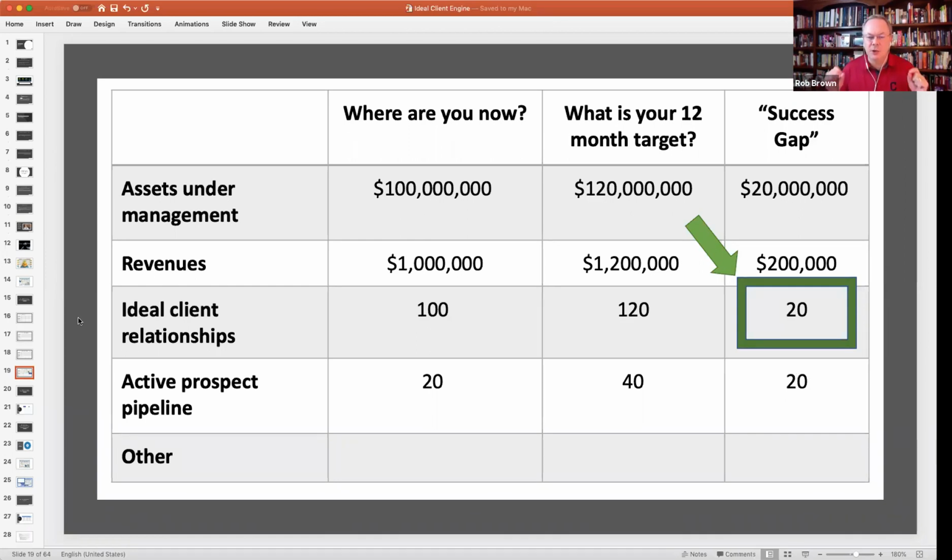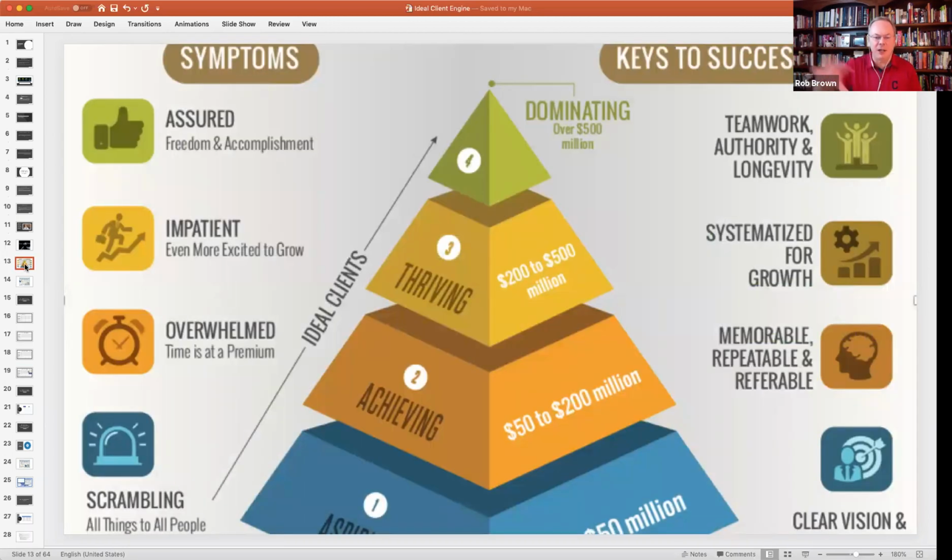You need to make sure you clearly measure your KPIs. And if you aren't doing it already, make sure that one of those KPIs is the number of ideal clients that you want to work with. Because remember, when you're moving up the hierarchy that I showed you a little while ago, from aspiring to achieving to thriving to dominating, the currency, the thing that's really going to make that needle move for you is the number of ideal clients that you add to your practice. And that's why you need an ideal client engine.